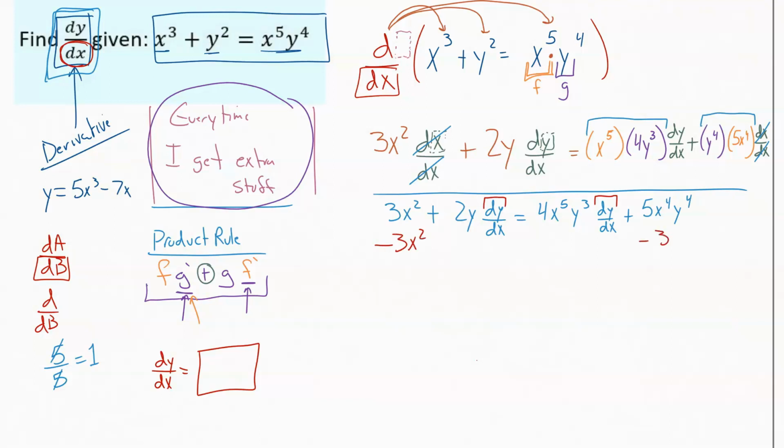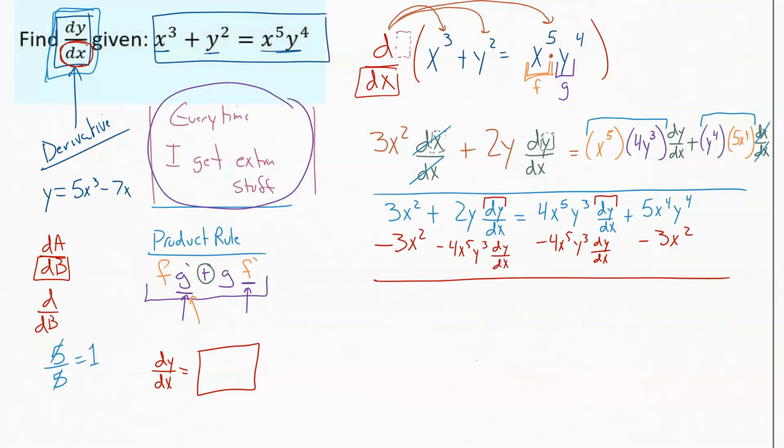So I'm going to subtract 3x squared, and then I'm going to move this piece that has the dy/dx over to this left side. So minus 4x to the 5th, y cubed, dy/dx.